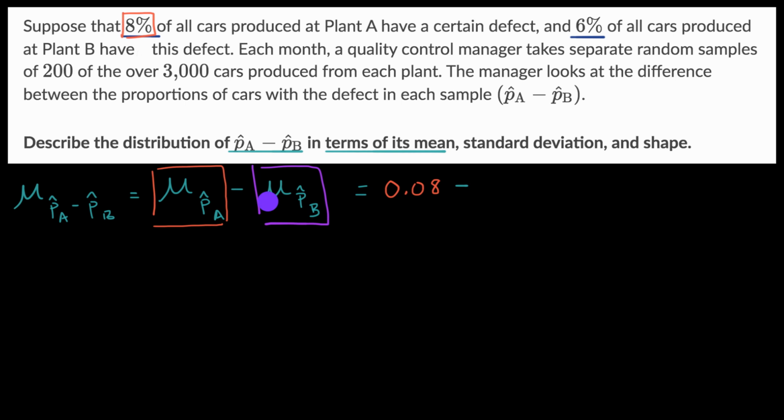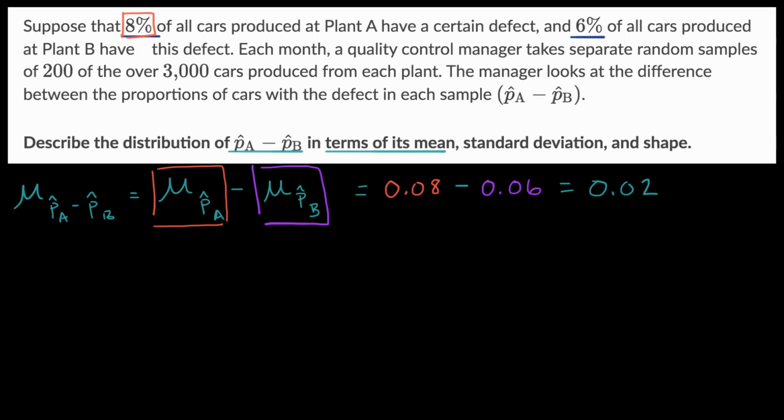The mean of a sample proportion is going to be the population proportion, the parameter of the population, which we know for plant B is 6%, 0.06. And then that gets us a mean of the difference of 0.02, or 2%. Having a 2% difference in defect rate would be the mean.